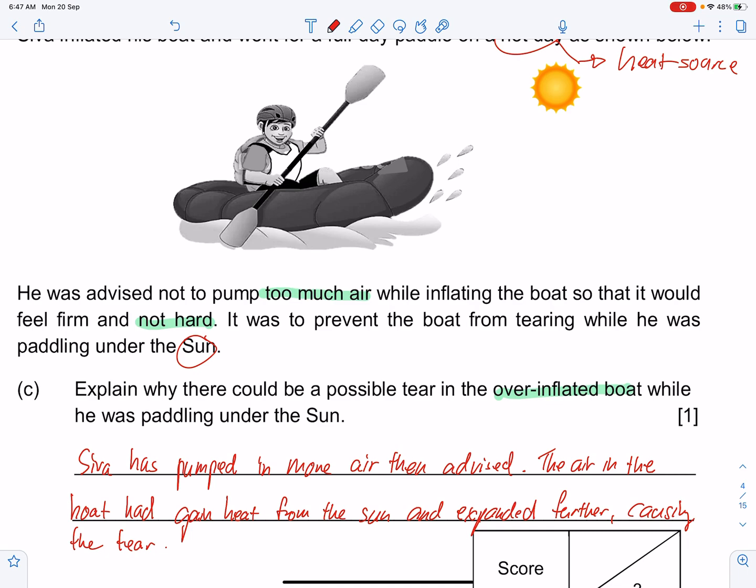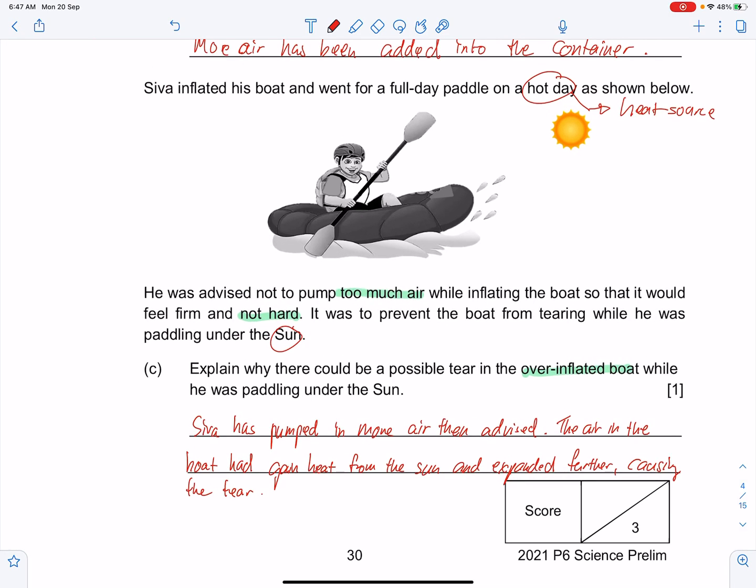Alright, so this is a case whereby it's not that you should not pump air, but you should not pump too much. Okay, so they actually accounted for some allowance, but because Siva didn't listen and pumped too much, that's where he got into trouble.